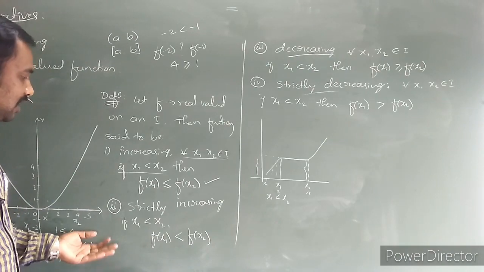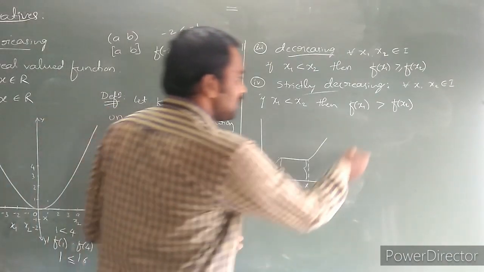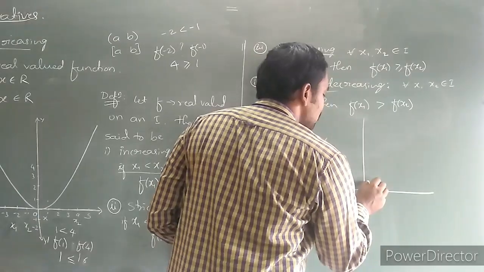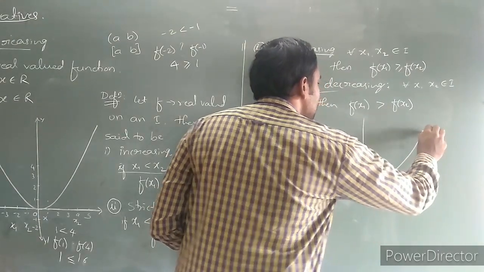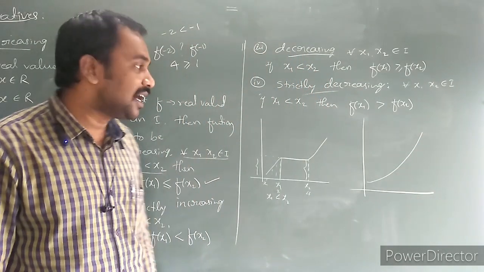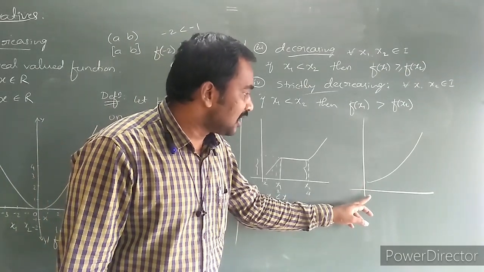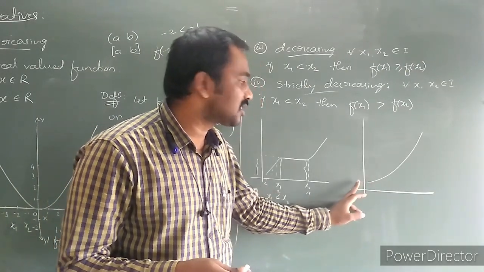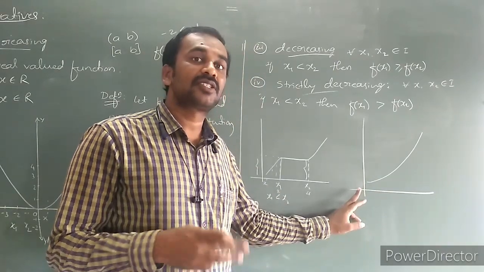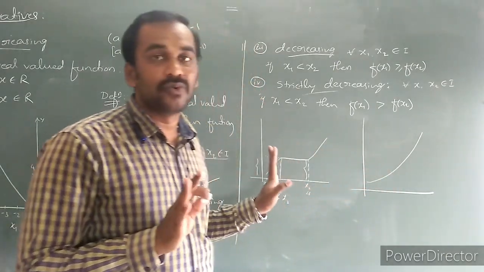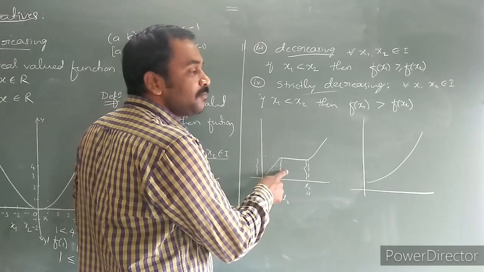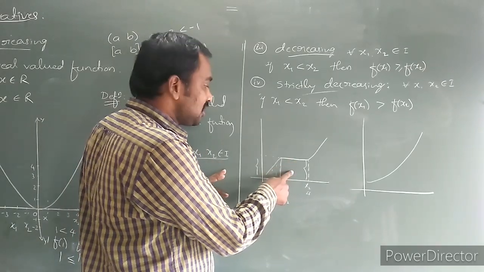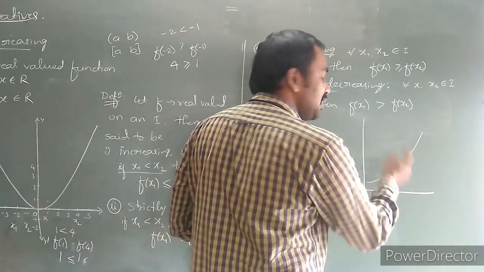And when we say it is strictly increasing, the function is always increasing as x values are increasing. Observe that there are no two x values which give the same f of x value. So that is a strictly increasing function.